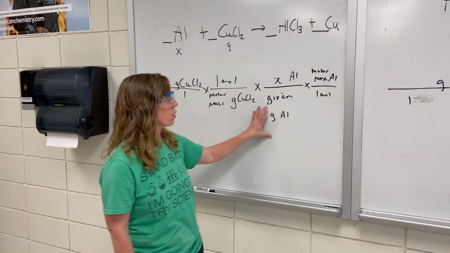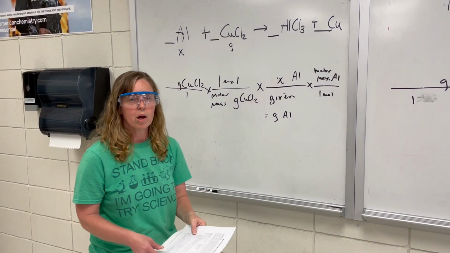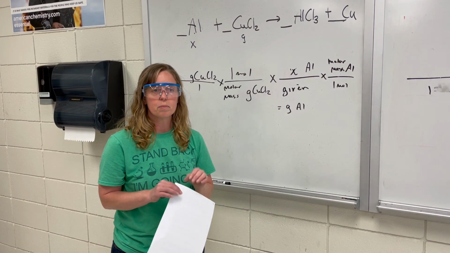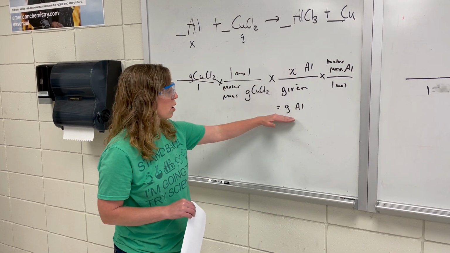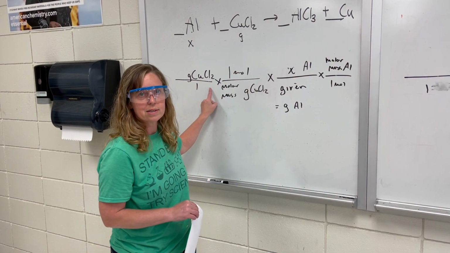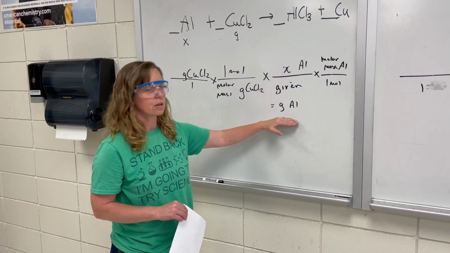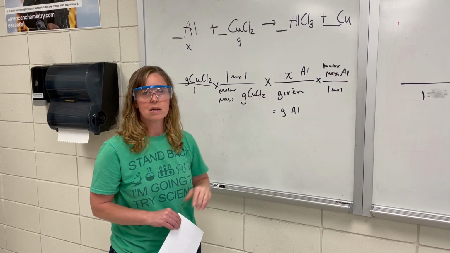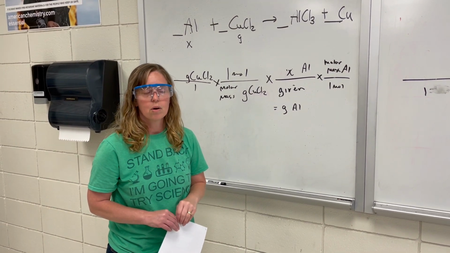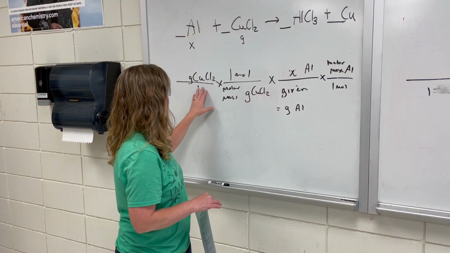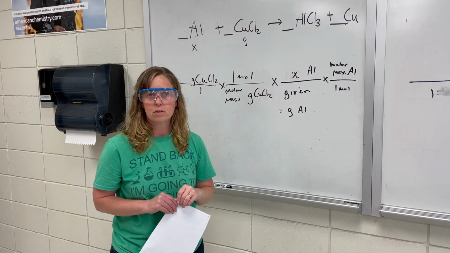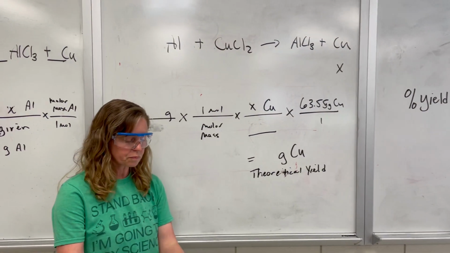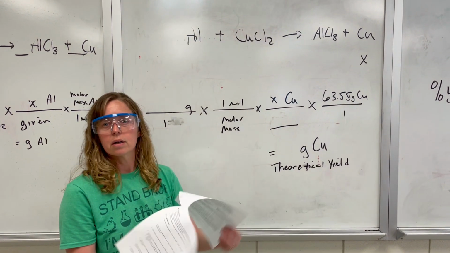If this number is smaller than the 0.5 grams of aluminum wire we measured, that means the copper chloride is the limiting reagent. If this number is larger than what we massed out, then aluminum is the limiting reagent. Once you figure that out, you're going to come over here to the bottom part.